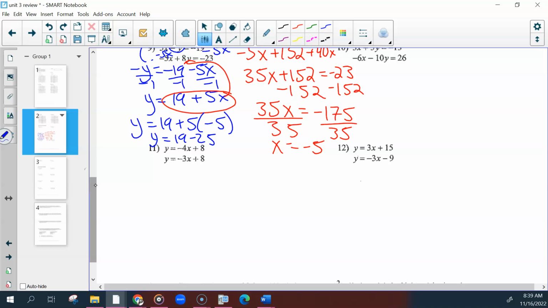Negative 6. And then make sure you write your final answer as an ordered pair, x and then y. Questions on that one?